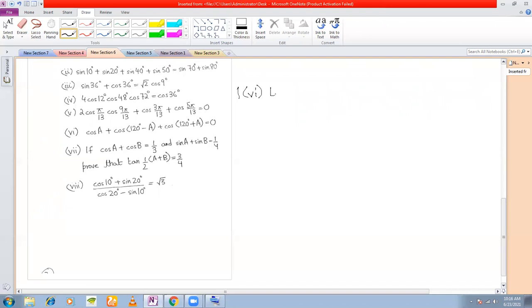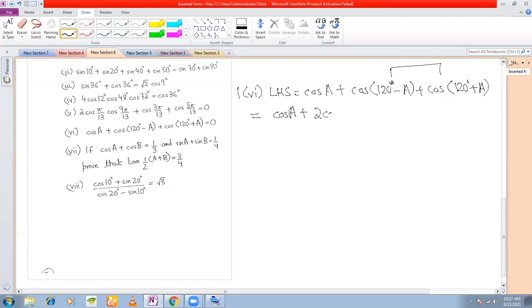Question is cos A plus cos 120 degree minus A plus cos 120 degree plus A is equal to 0. This is what you need to prove, that all this is equal to 0. That is, you need to show that the left hand side is 0. So what you do here is cos A you write as it is. Because you see 120 minus A, 120 plus A, you change these two to product, cos plus cos.